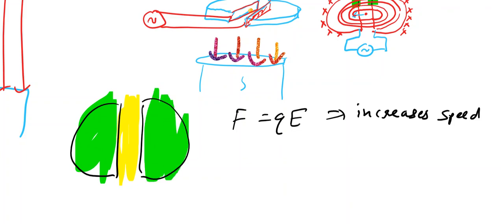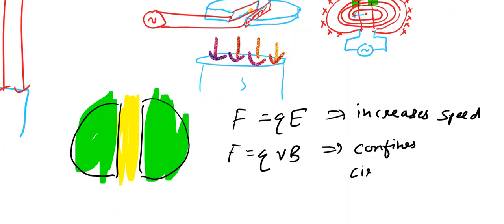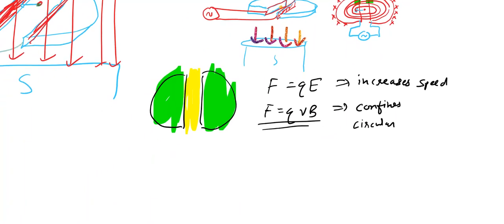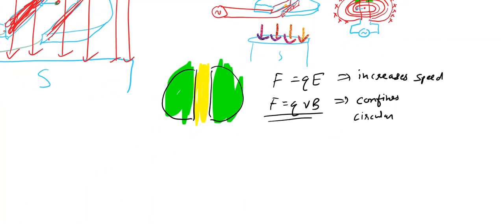Which force is acting there? There it is influenced by F is equal to QV cross B. And what is the role of QV cross B? It confines the particle or makes its path circular. It is only changing the direction of the particle, it is not increasing speed. So if the particle is gaining high kinetic energy, it is because of QE. If the particle is remaining within the D, it is because of QV cross B.